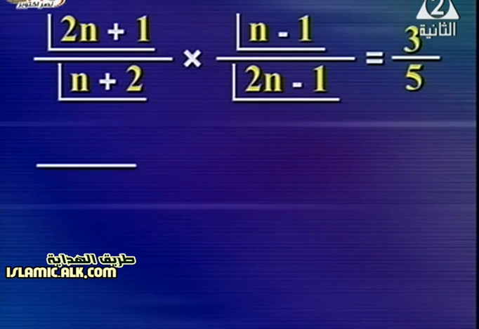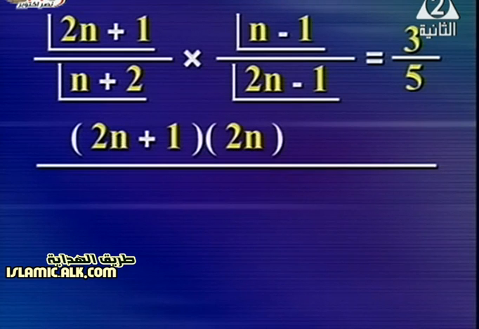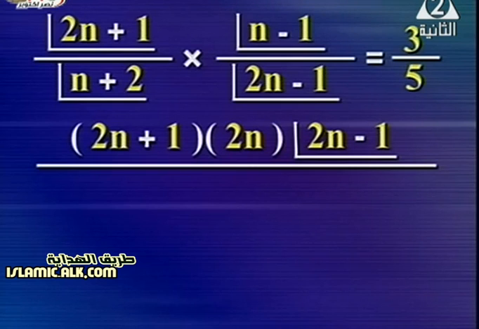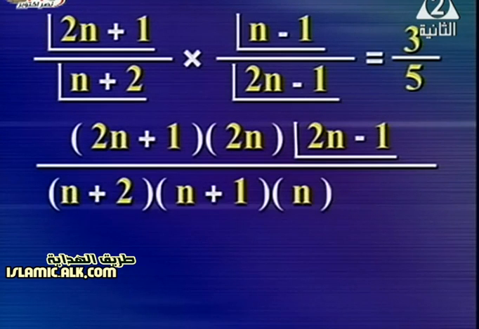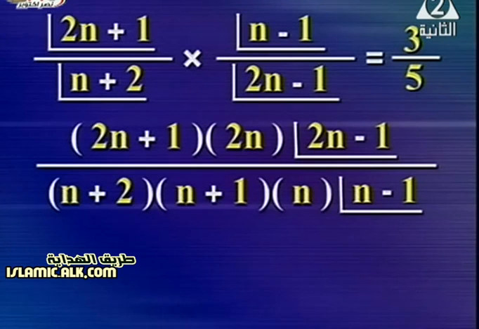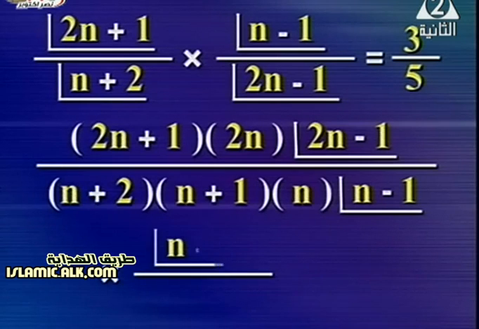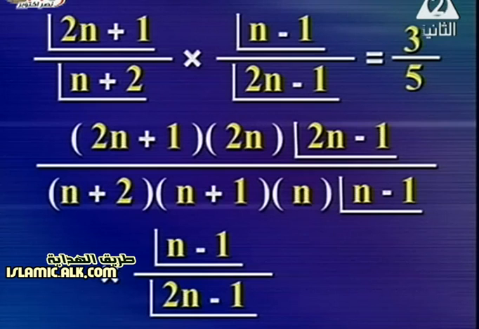After that, dear student, by using the same rule, 2n plus 1 factorial is 2n plus 1 multiplied by 2n multiplied by factorial 2n minus 1 in the first fraction in the numerator. The denominator becomes n plus 2 times n plus 1 times n minus 1, multiplied by factorial n minus 1 over factorial 2n minus 1 equals 3 over 5.